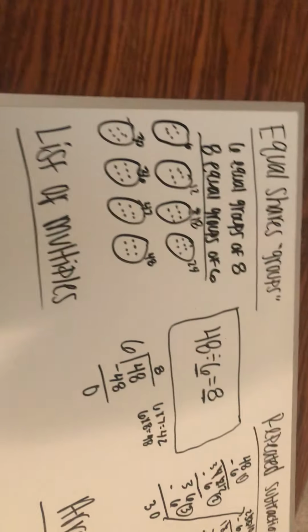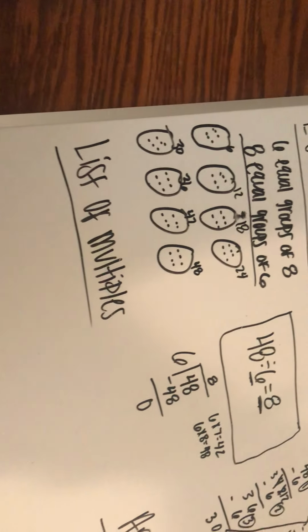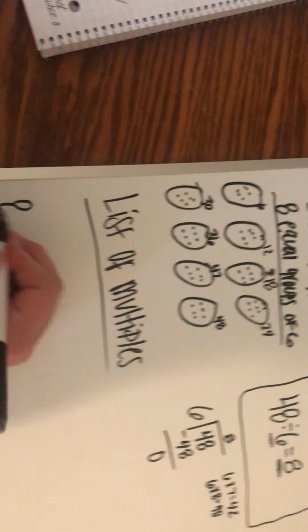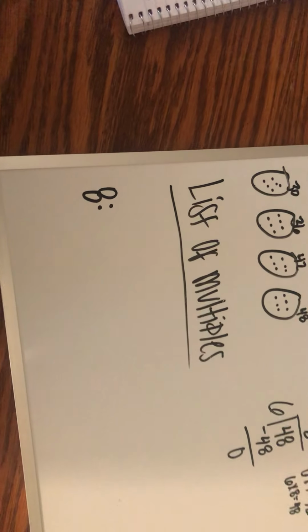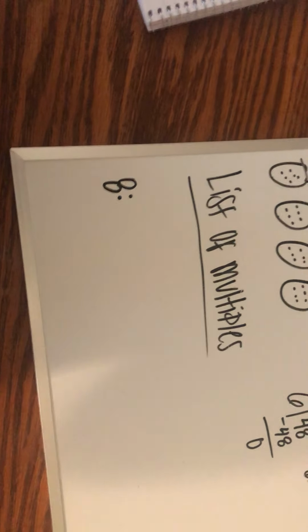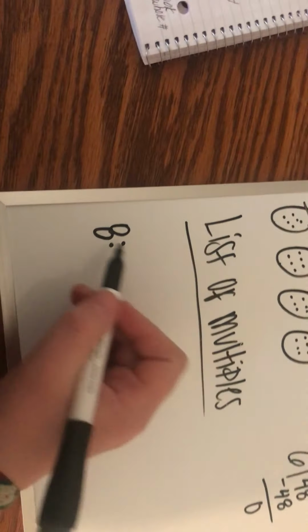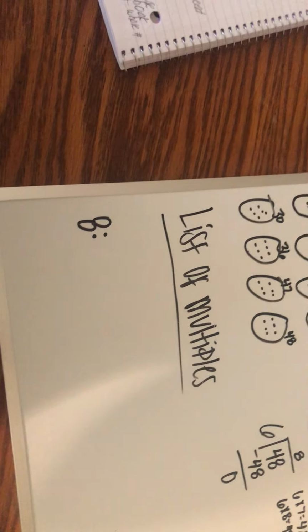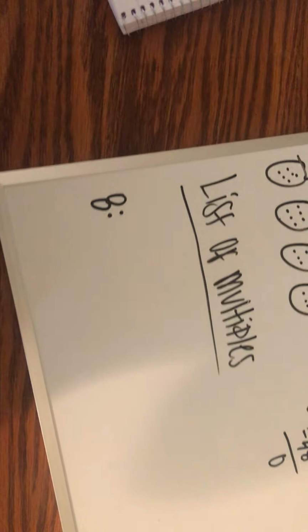So in this case, we're going to look at our number 8, because that was our answer, and we want to find the multiples of 8. So we're going to take 8 and multiply it starting with 1 all the way up to 6 to get us to our answer.